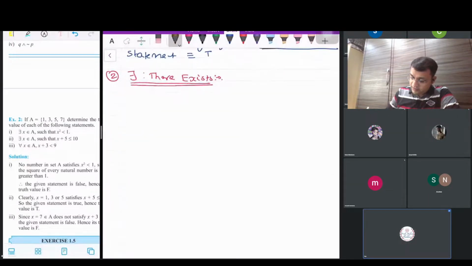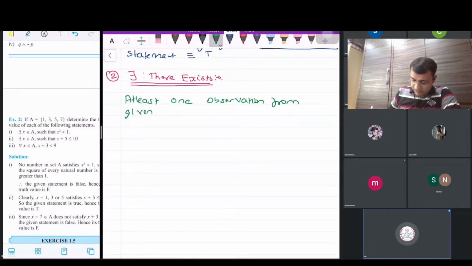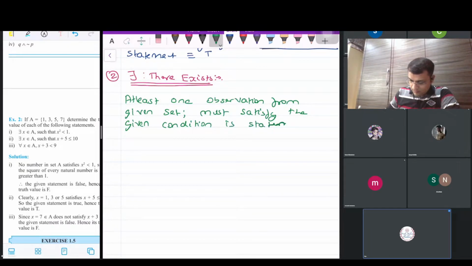Write down under that: at least one observation from the given set must satisfy the given condition in the statement.